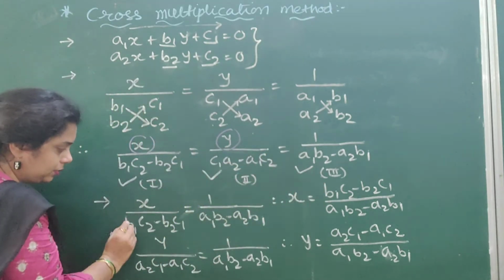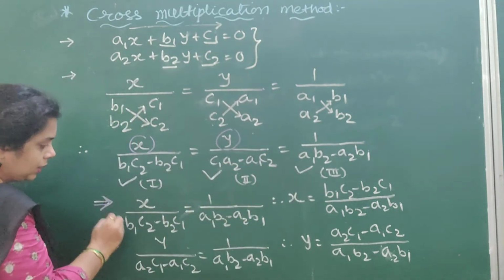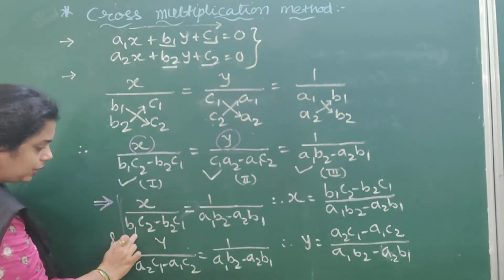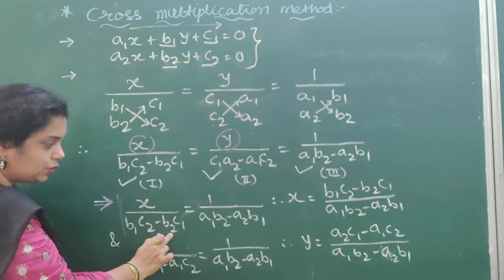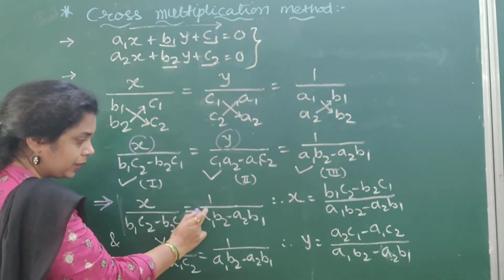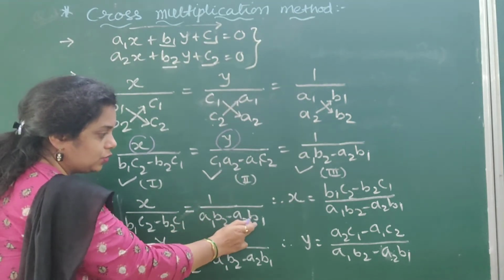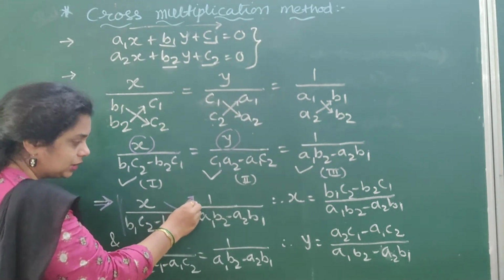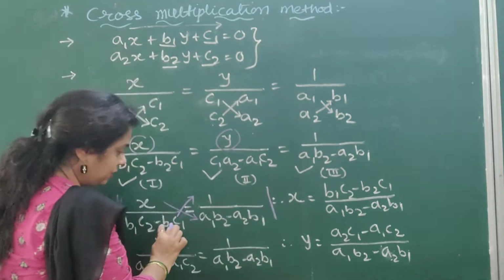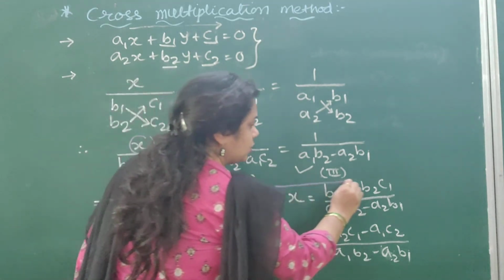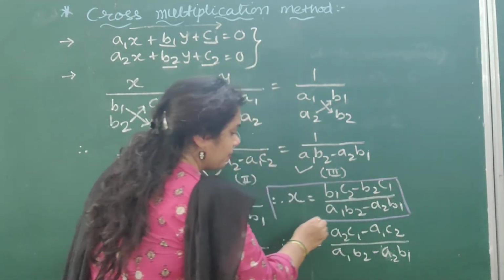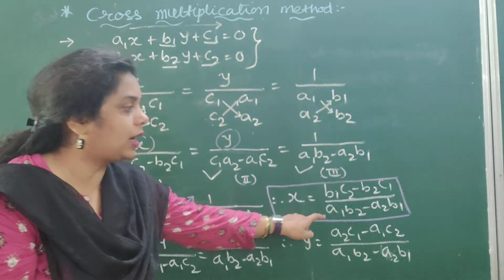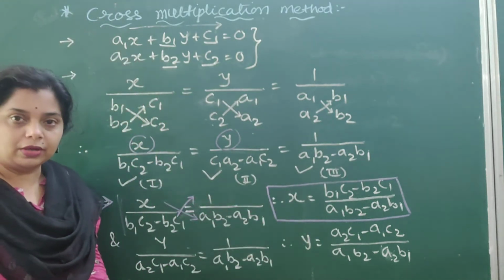So here I write the comparison that x by b1 c2 minus b2 c1 is equal to 1 by a1 b2 minus a2 b1. Now again simply we have to do a cross multiplication, and in this way we can get that x is equal to b1 c2 minus b2 c1 by a1 b2 minus a2 b1.